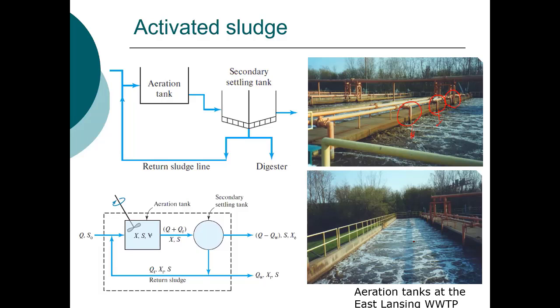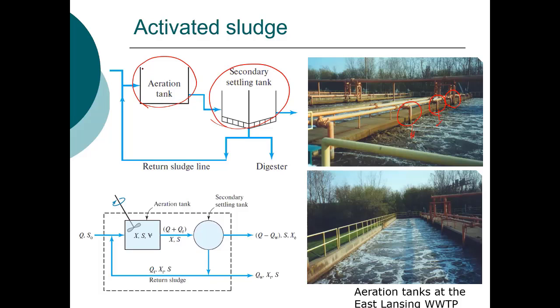These operate as a very long serpentine system, and the water's held in here for 8+ hours. And in that period of time, the microorganisms consume the organic matter. The system involves both an aeration tank here and a secondary clarifier.